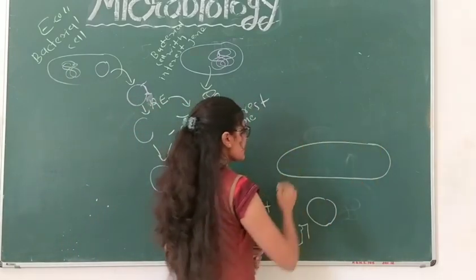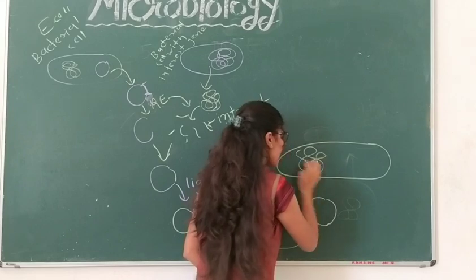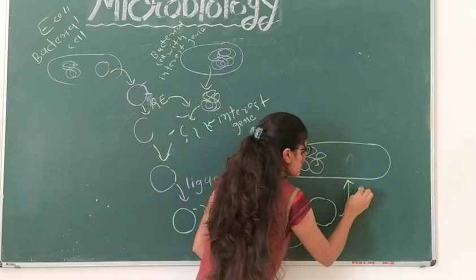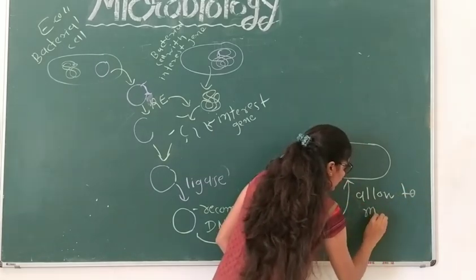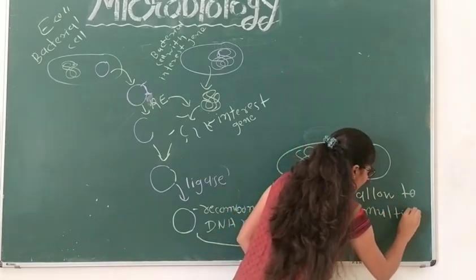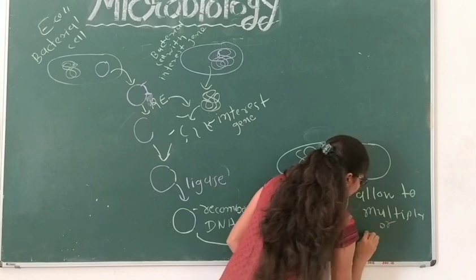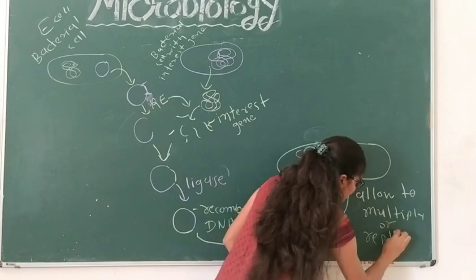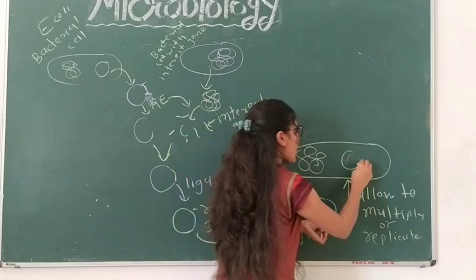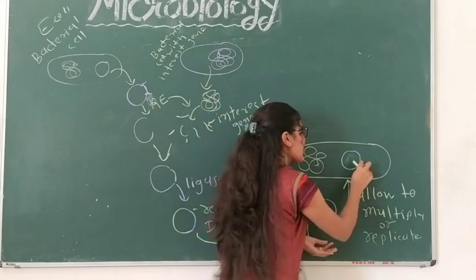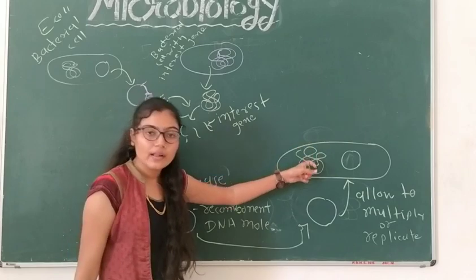These are the bacterial cells that have their own genetic materials. Now it will be allowed to multiply or replicate. The recombinant DNA molecules are transformed into the bacterial cell.